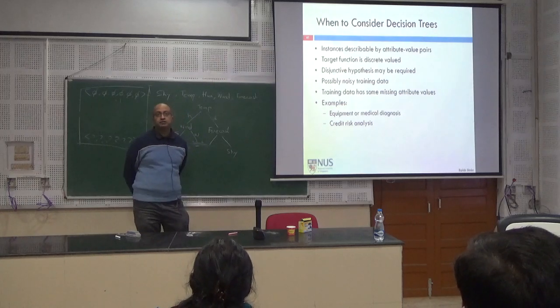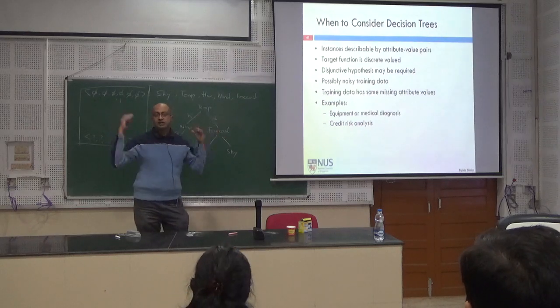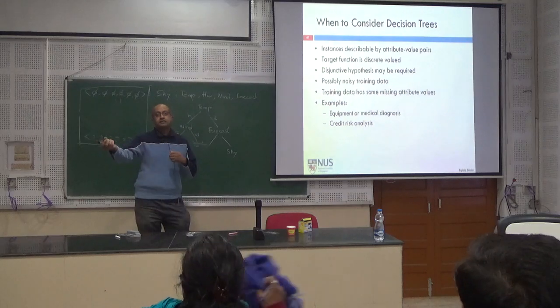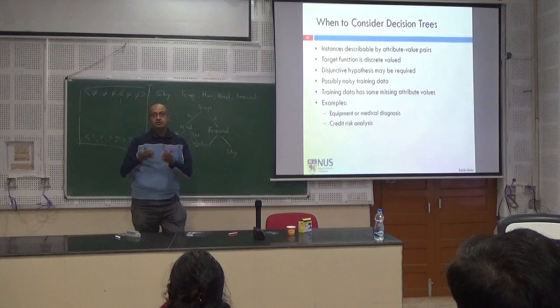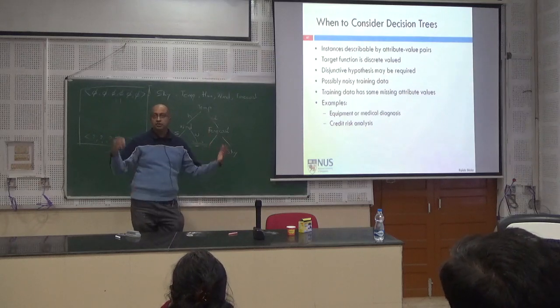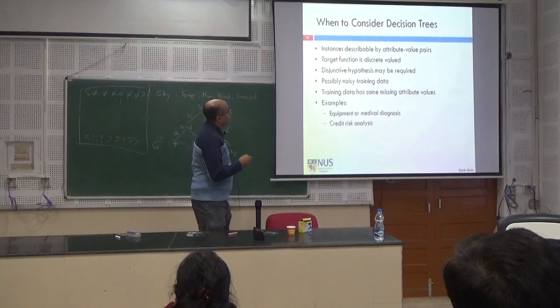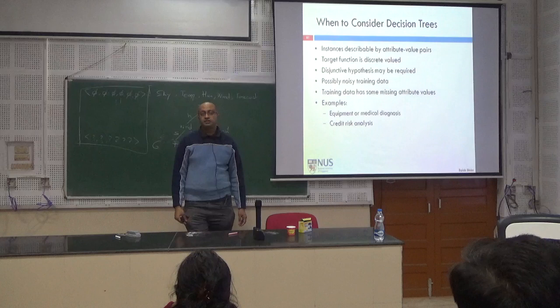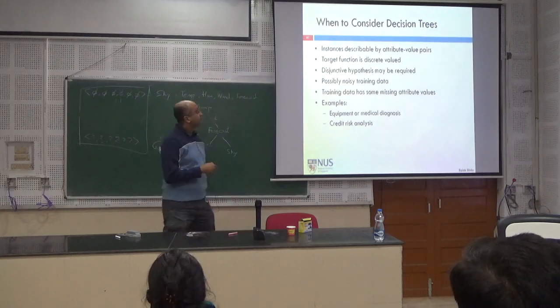So you can check temperature, high, low, or medium, something like that, right? Blood pressure, this. This test result, positive or negative. And then you can hopefully classify whether the person has whatever, dengue or not. So that's it. And the target function should also be discrete valued at the end. If it is continuous value, it doesn't work so well. It doesn't work actually, does it?